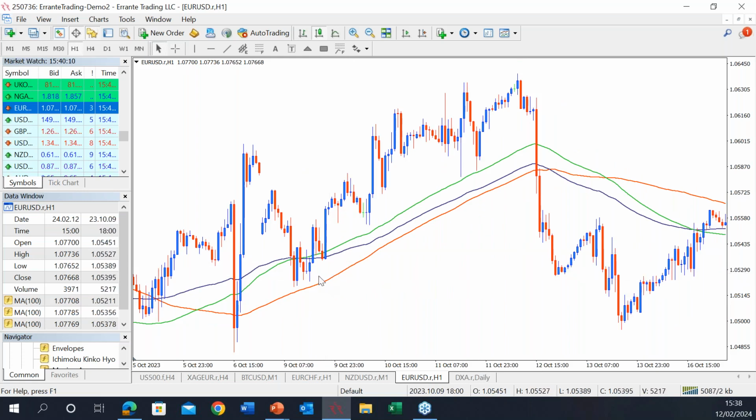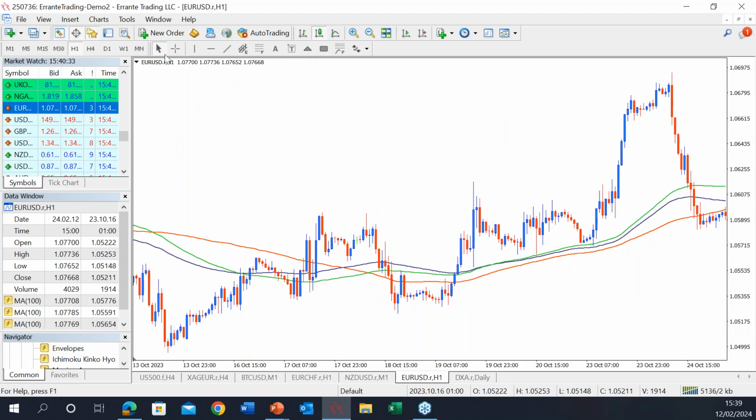So we can't make our trading decision based on the simple moving average. We can just use it to get a sense of the general direction of the market. But to get better signals, maybe a trader might prefer a linear weighted moving average.